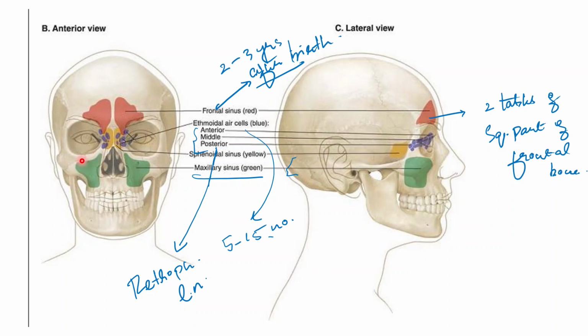The roof is formed by the orbital surface of the maxilla, whereas the floor is supported by the alveolar process of the maxilla.